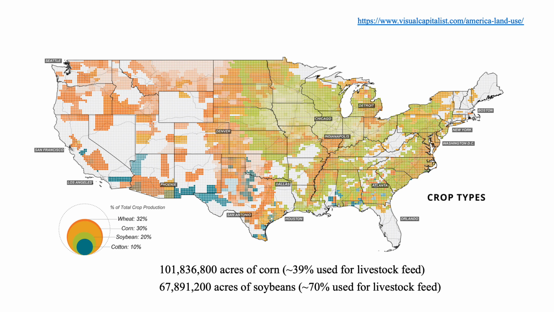If we look at a breakdown of those systems, we can see that these agricultural regions can be broken down into various crop types.